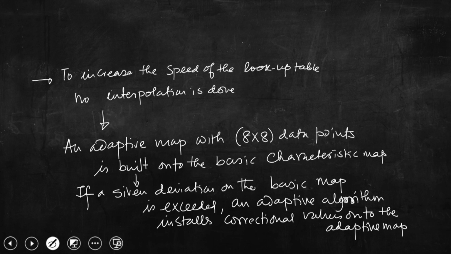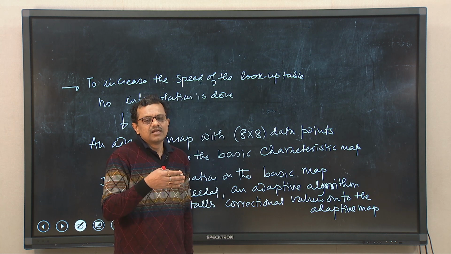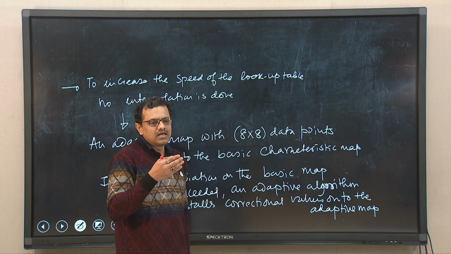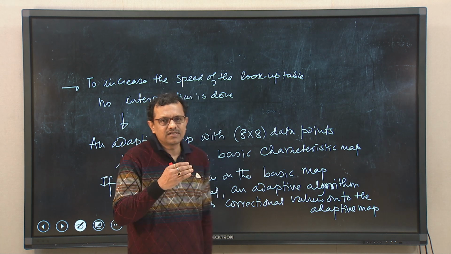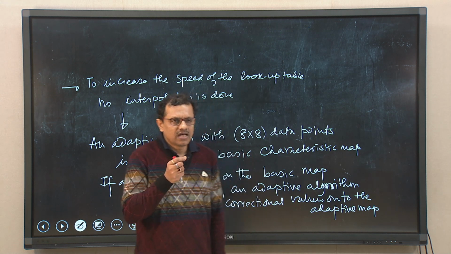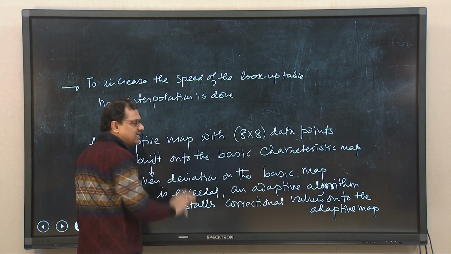Based on that input, this adaptive algorithm will do some corrections, and those correctional values are mapped onto this adaptive table, and that adaptive table is built onto this basic table. This way some remedial or preventive measure is taken to increase the sensitivity or efficacy of the control unit, so as to allow the injector to operate even if there is any deviation.